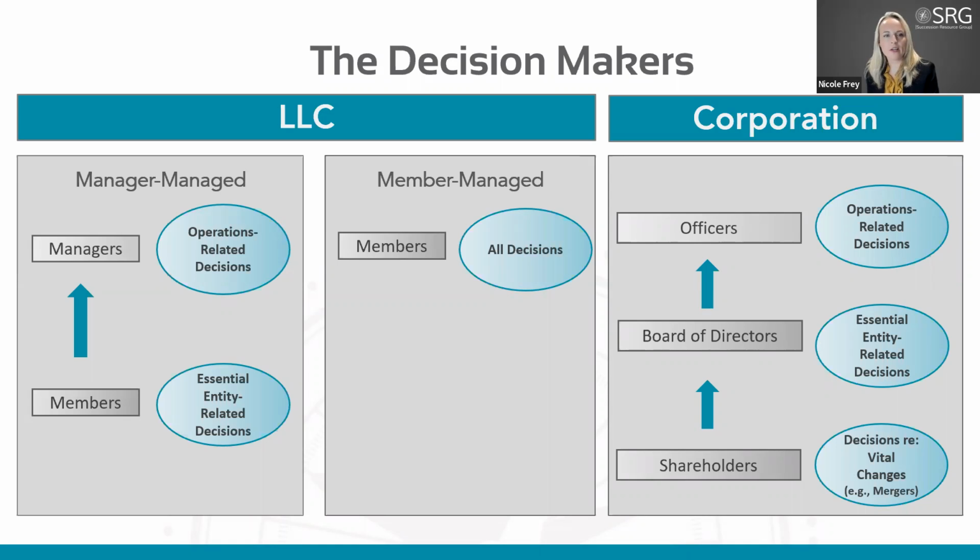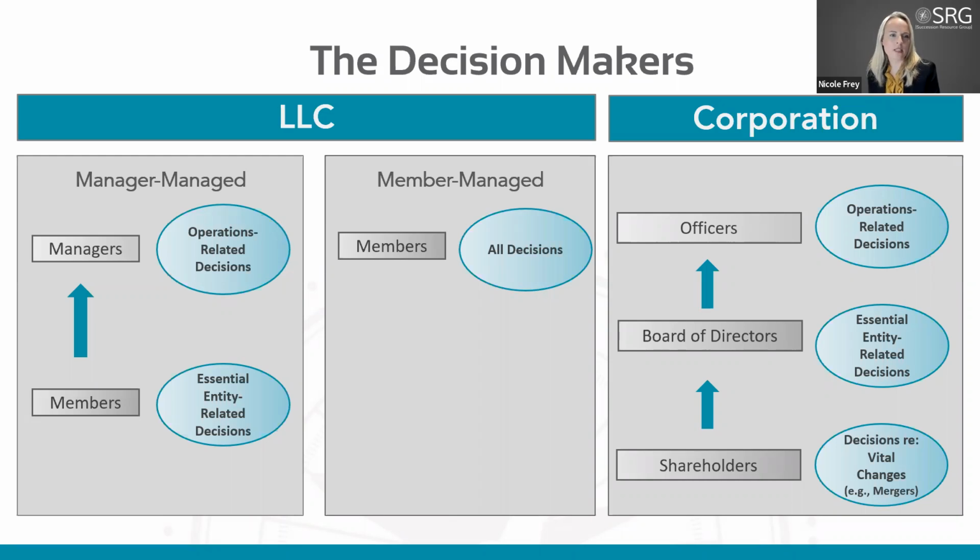The other option here on the very left side is the manager managed LLC. We see that typically put in place if the founders want to retain a higher level of control, or if we have a core group of people coming together and they are pursuing an entity type that allows them to add a lot of members down the road, but they want to, again, retain control over the operations.